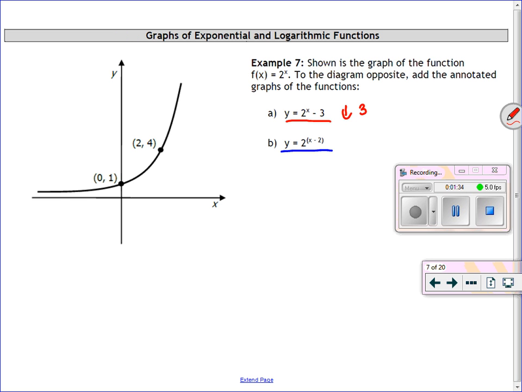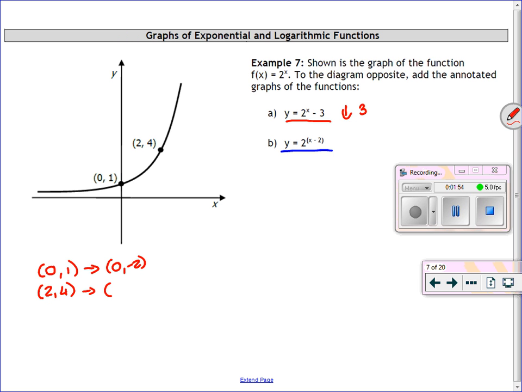Okay, so as usual, let's start off with the points we've got. So we have the point 0, 1, and we have the point 2, 4. So if I was to move 0, 1 down 3 places, 0, 1 goes to 0, minus 2.